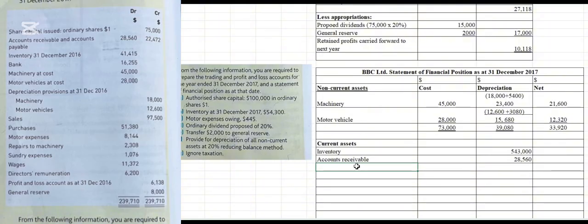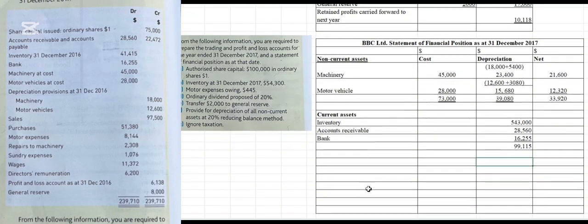Then I'm going to add bank, not seeing any cash. So bank, which is 16,255. Add these figures together, you should amount to 99,115. So the only part of this balance sheet that will have a little difference to it is the financed by section. Everything else will be the same format as before.